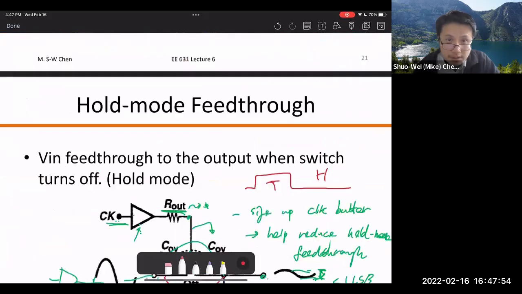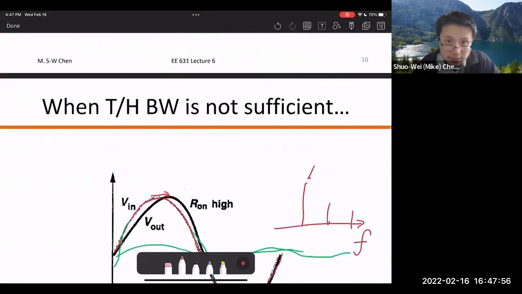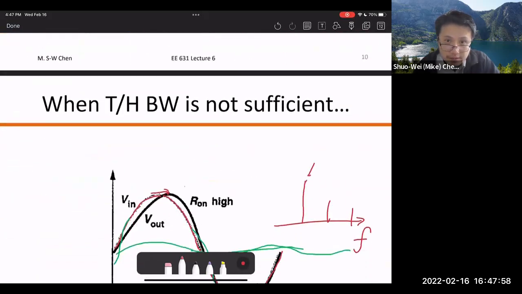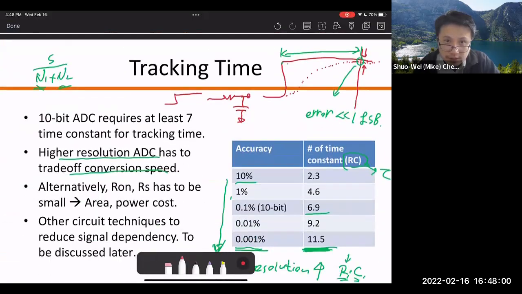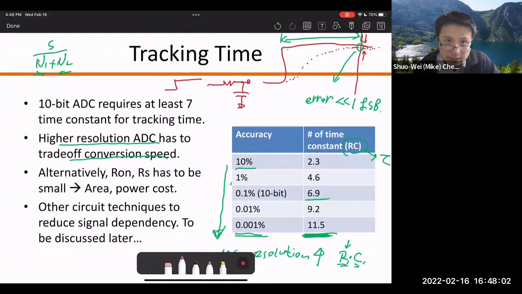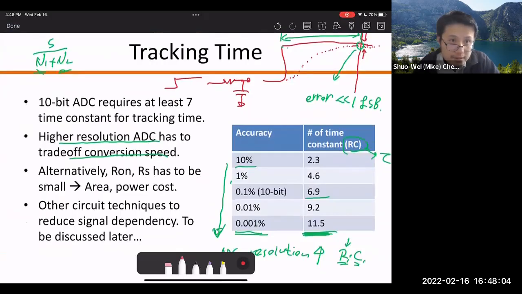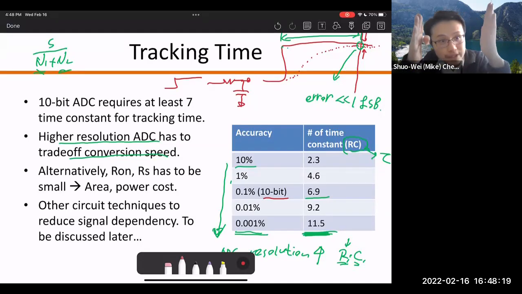If you remember, we talked about this earlier: the tracking time, the settling, the number of time constants, R times C. It depends on how many bits you are designing, how many time constants you need, and how much time you can have for the tracking time.